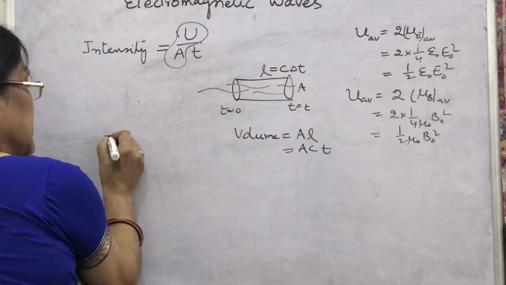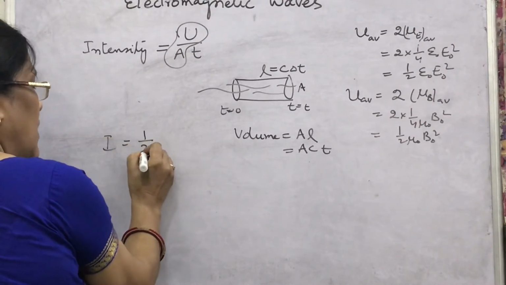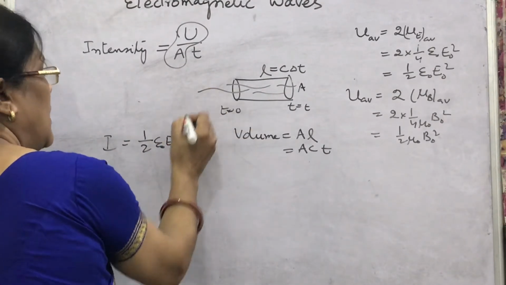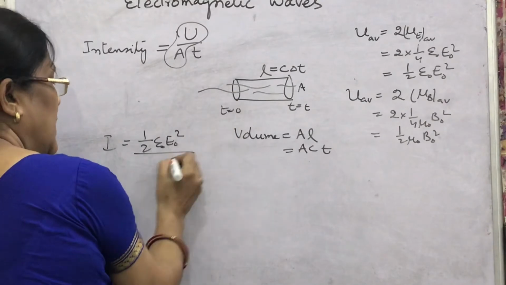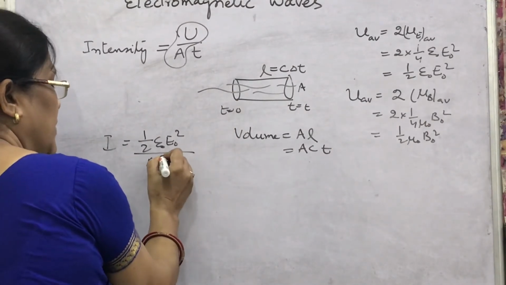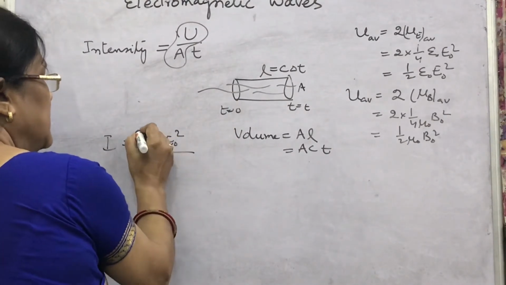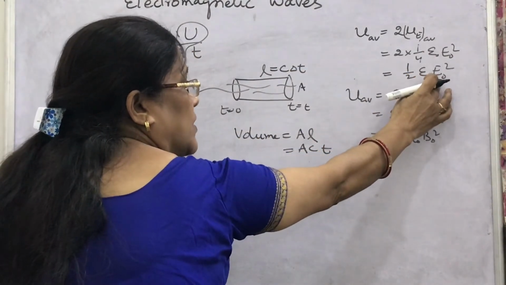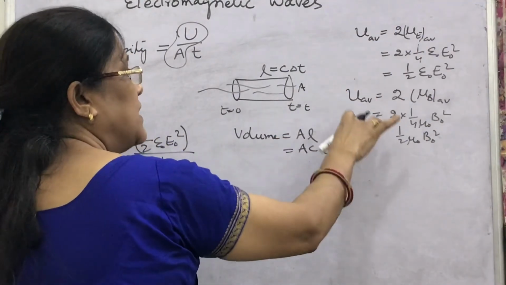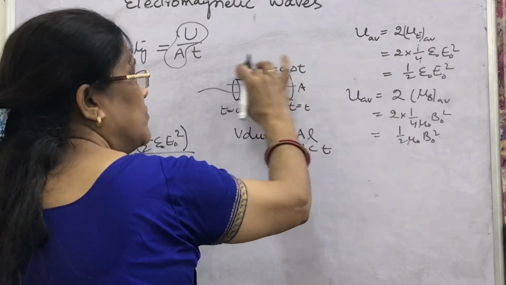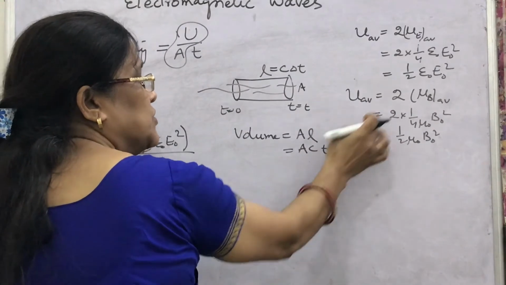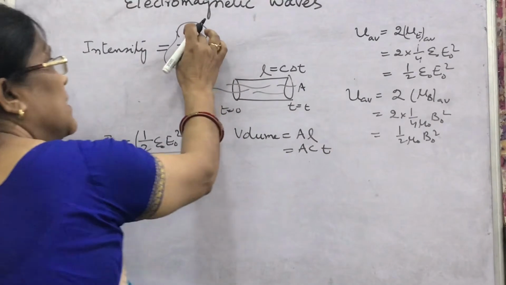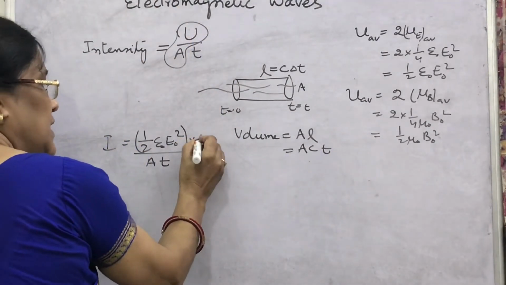This intensity is equal to half epsilon naught E naught square upon area, you will write here A into t, and this energy density is per unit volume. Then how much energy will pass through the total volume? What is total volume? A c t. So you will multiply energy density into this volume to get energy, that is into A c t.